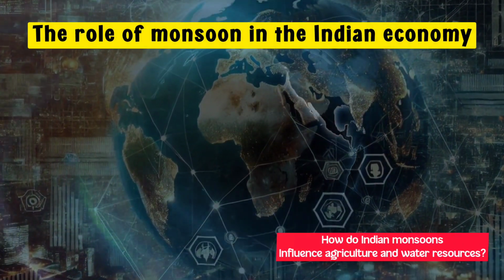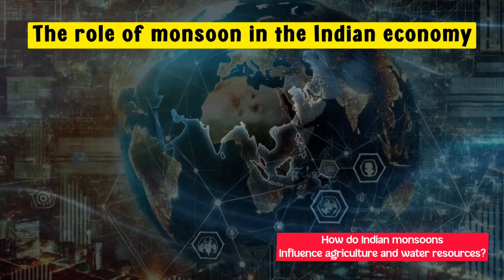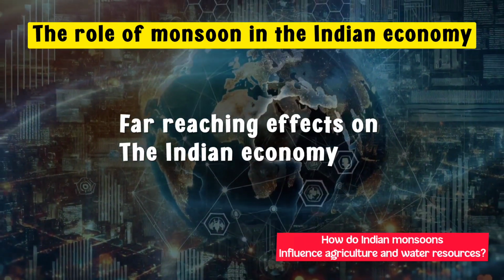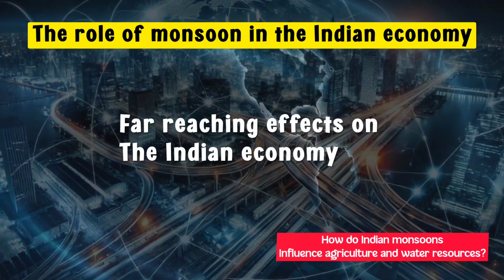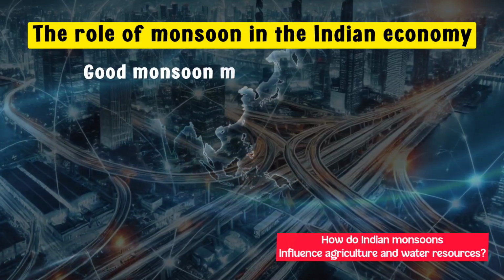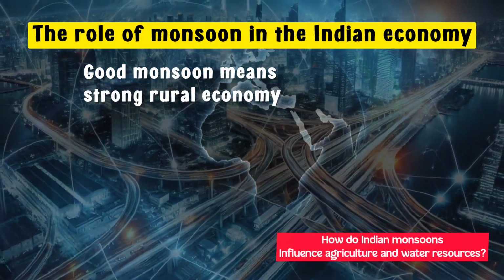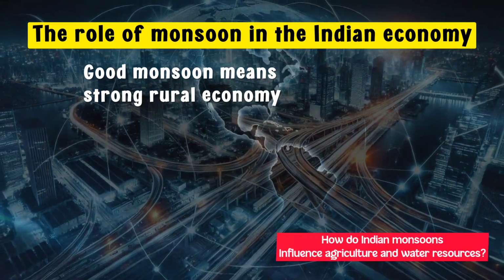The monsoon's impact on agriculture and water resources also extends to the broader Indian economy. Agriculture contributes a significant portion of India's GDP, and the sector employs a large portion of the population. Any fluctuations in the monsoon can therefore have far-reaching effects on the economy. Good monsoons lead to abundant harvests, higher crop yields, and a stronger rural economy, providing a boost to agrarian income and increasing market supply.